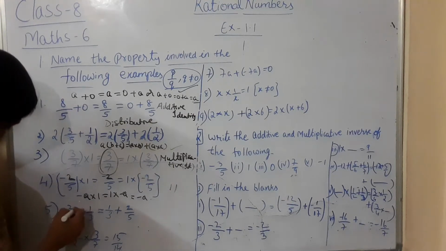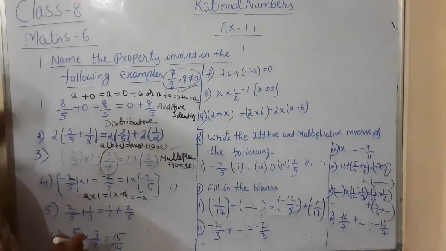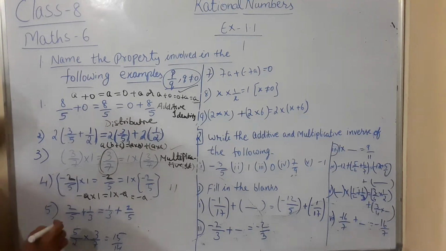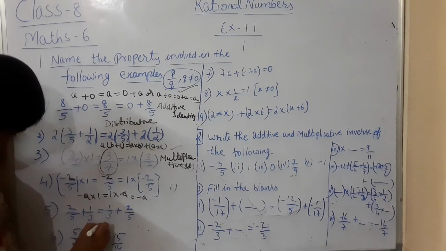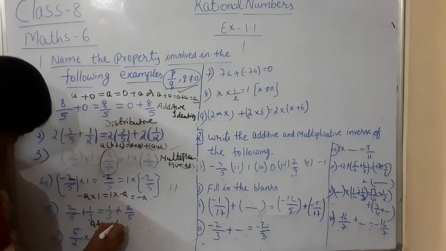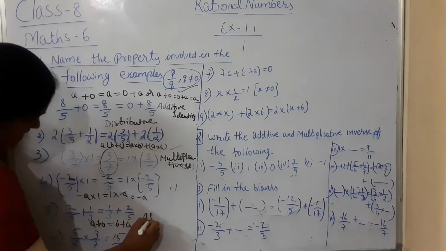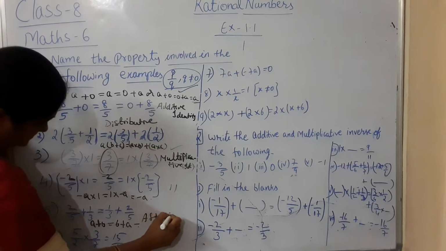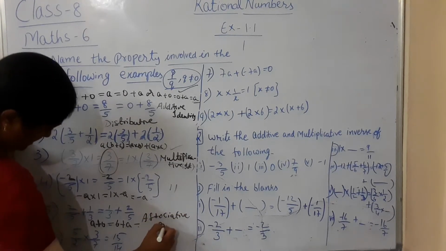The next one, 2 by 5 plus 1 by 3 is equal to 1 by 3 plus 2 by 5. Now what do you recollect by this? Let's generalize. This is in the form of a plus b. a plus b is equal to b plus a, which is the commutative property.